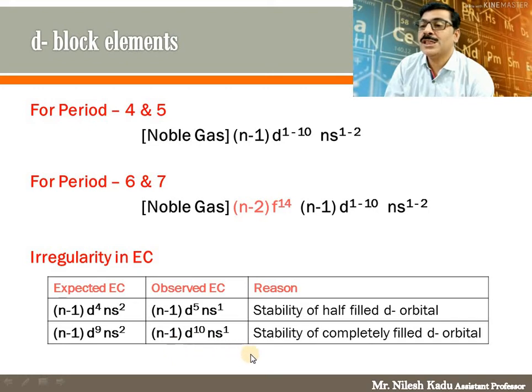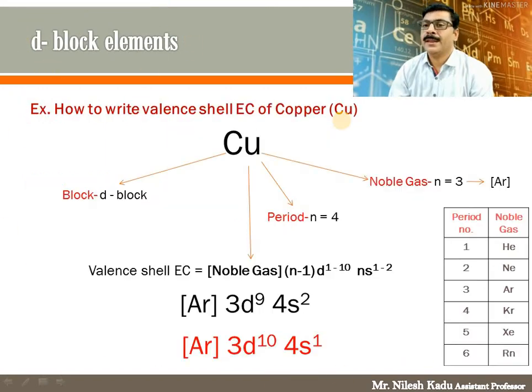So these two are the irregularities in electronic configuration, and if you remember these two, then you can easily write the valence shell electronic configuration of a d block element. Now for example, how to write the valence shell electronic configuration of copper?